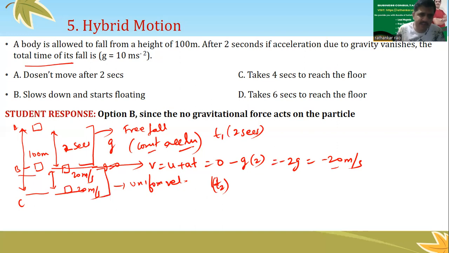Remember always, whenever uniform velocity motion is discussed, you have only one equation to solve. What is that equation? The equation is S equal to V times T2. The value of V is already given to you, 20. Substitute that: 20 into T2. If you know the value of S2 here, which is the distance BC, you can easily do it.